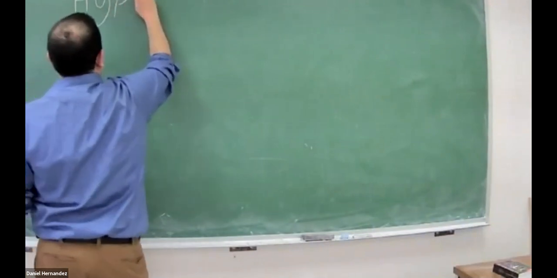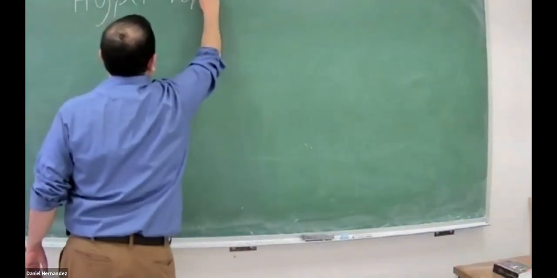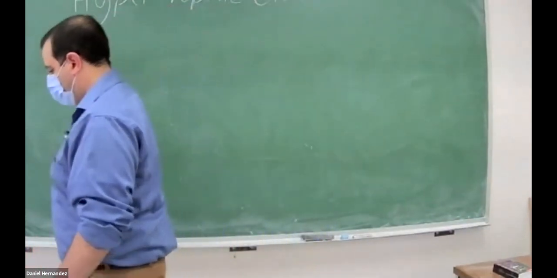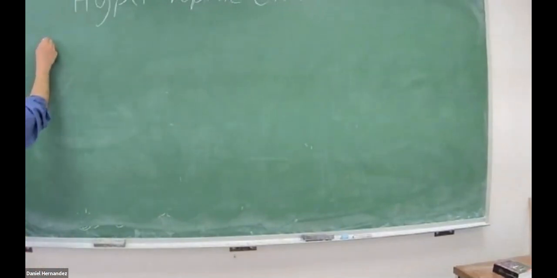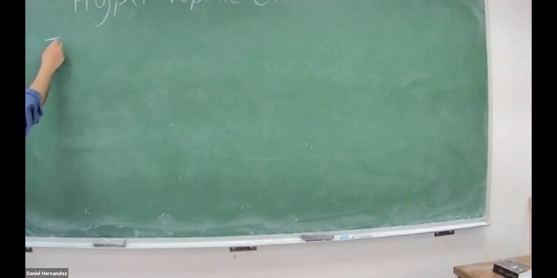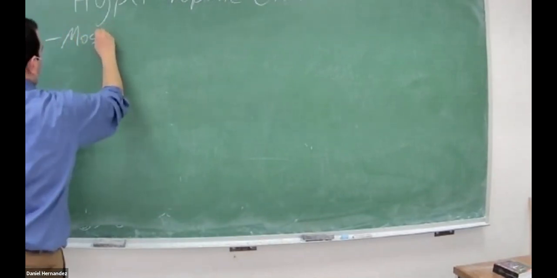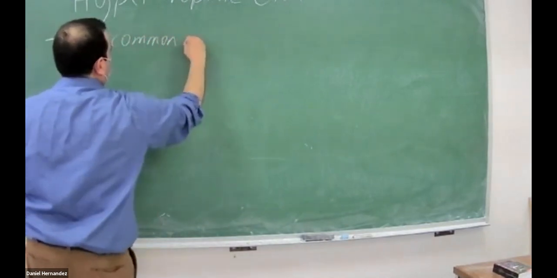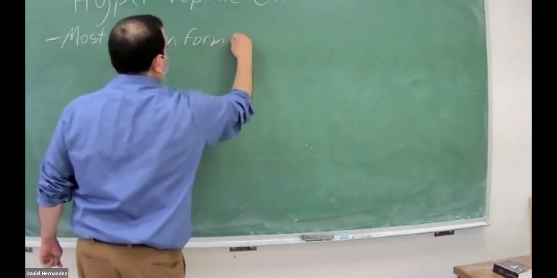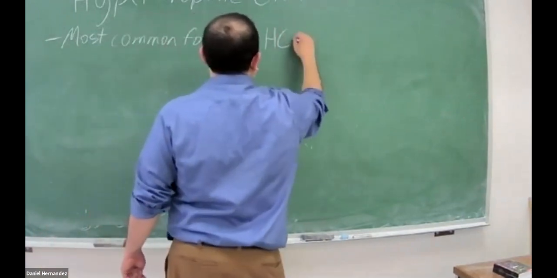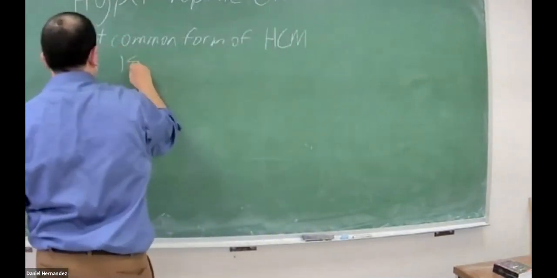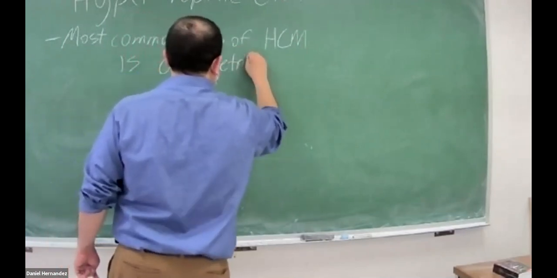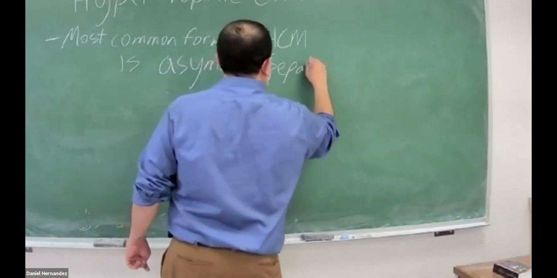Hypertrophic. The most common form of hypertrophic cardiomyopathy is asymmetric septal hypertrophy.